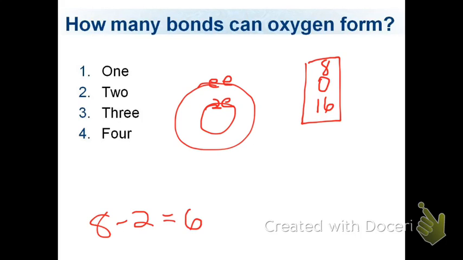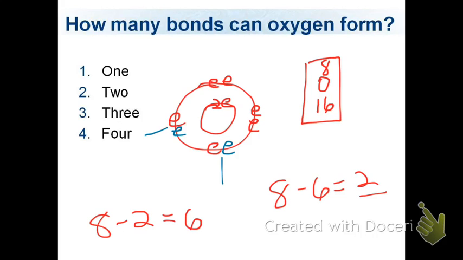The outer shell can have at most 8 electrons. We put 6 electrons in the outer shell, so we're missing 2 electrons. So we can share 2 electrons. So it can make 2 covalent bonds.